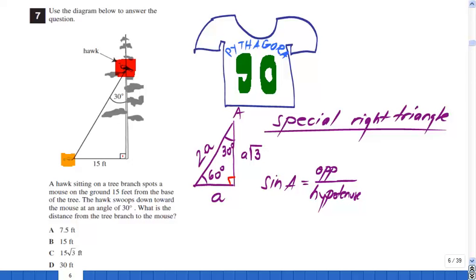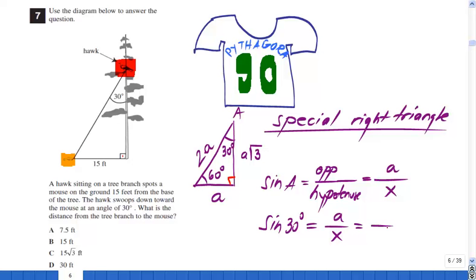Well, in this case, the opposite side, we label it A, and the hypotenuse will be, if you want any number, x. And now if you plug in, sine of 30 degrees equals A over x.